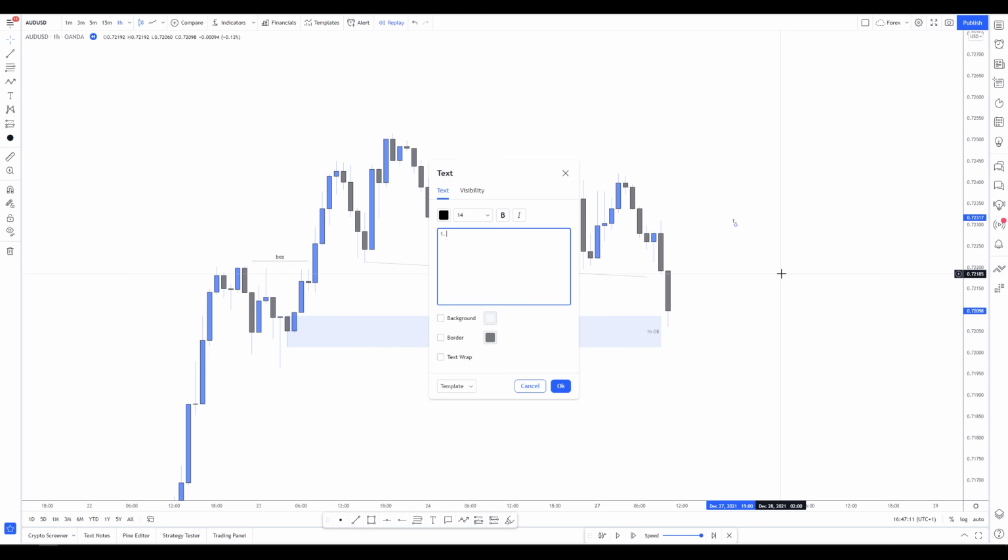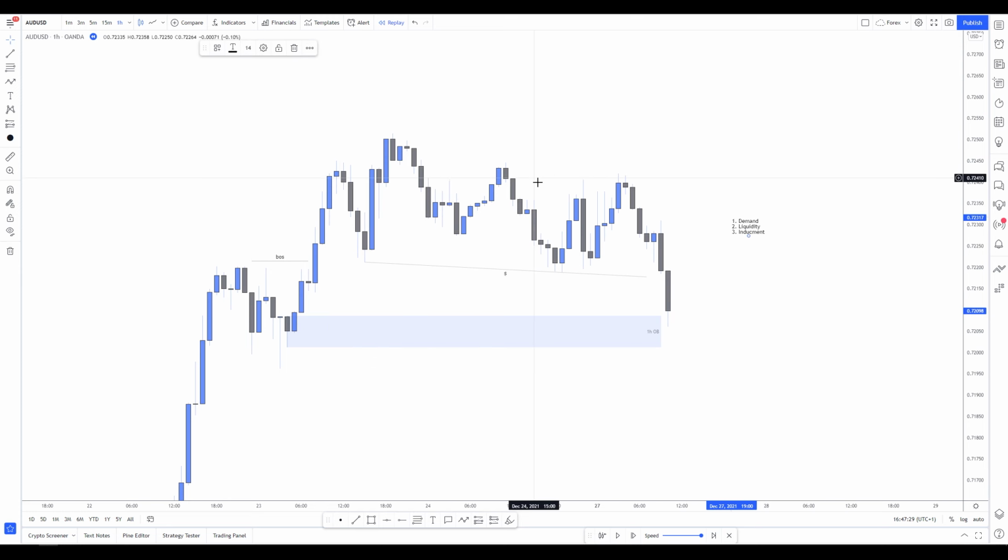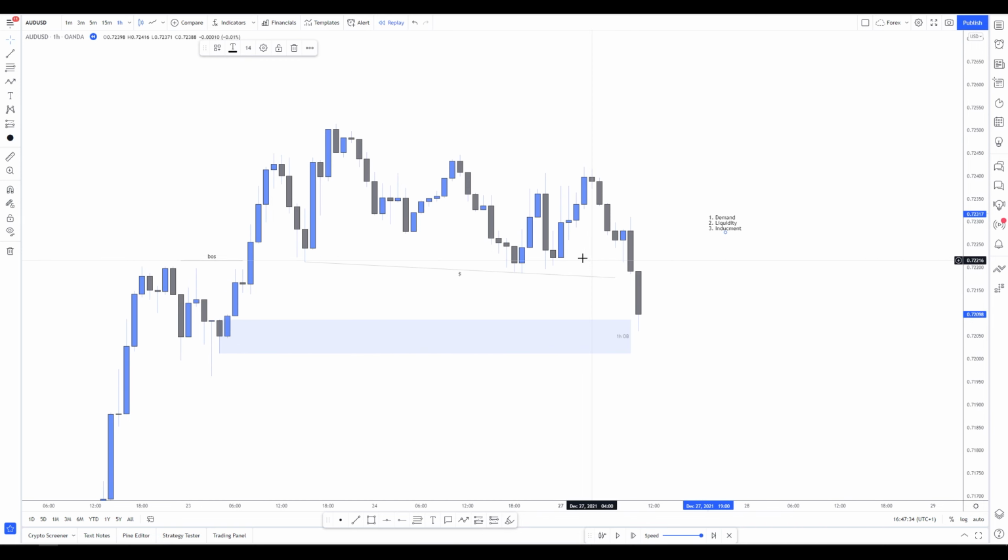We had first confirmation, a 1 hour demand area. Second confirmation was liquidity, and third confirmation was inducement. I don't know if some people already saw the inducement, but people probably looked for longs from this area.